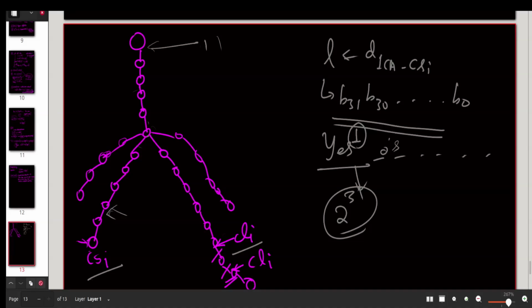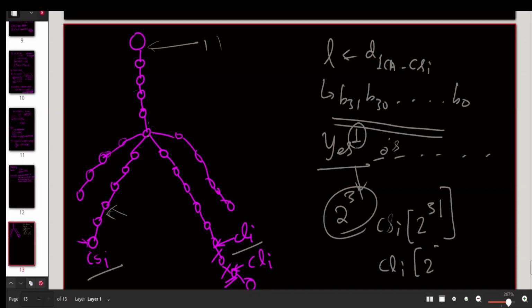If I can find out what is the 2 power 31st parent of CSI, and also the 2 power 31st parent of CLI, if both turned out to be equal, now what is my criteria to actually evaluate whether L will have its 31st bit as 1? So how would our LCA look like? These both nodes, what we want is that they should not be ending up at the same node.